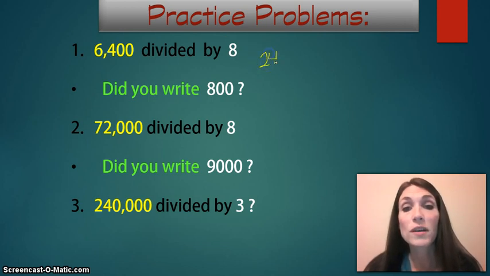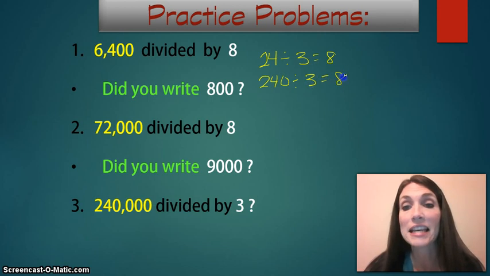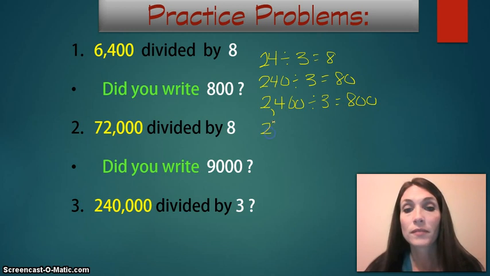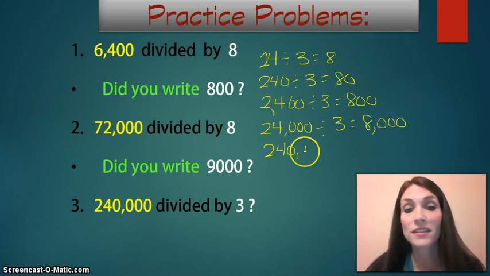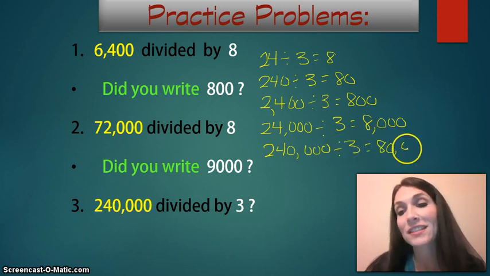Well, if I know that 24 divided by 3 is 8, then I use my knowledge of multiples to help me know that 240 divided by 3 is 80. 2,400 divided by 3 is 800. 24,000 divided by 3 is 8,000. So 240,000 divided by 3 would be 80,000.